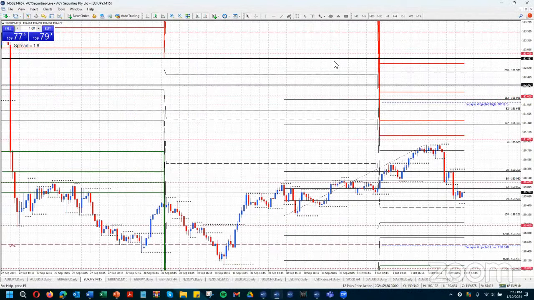Moving to the 15, you can see we're at the 79% level. We just moved down to the 79% level, and it's just short of the central pivot point. So it is remaining quite bullish intraday because it's not getting below the central pivot point.